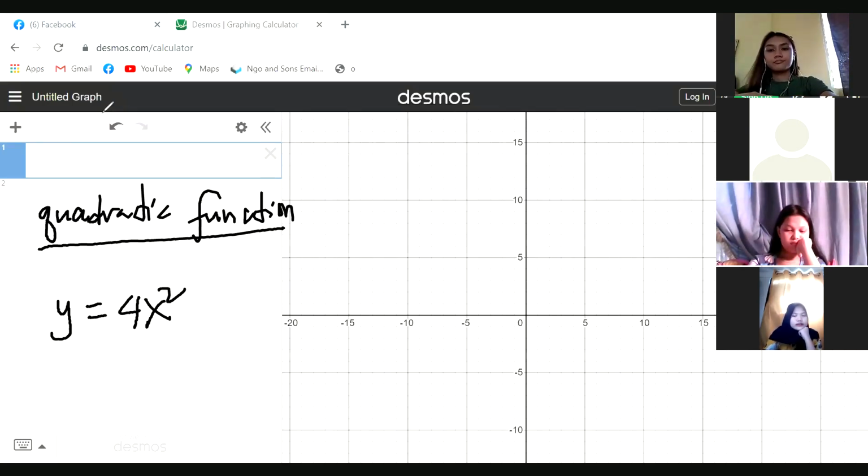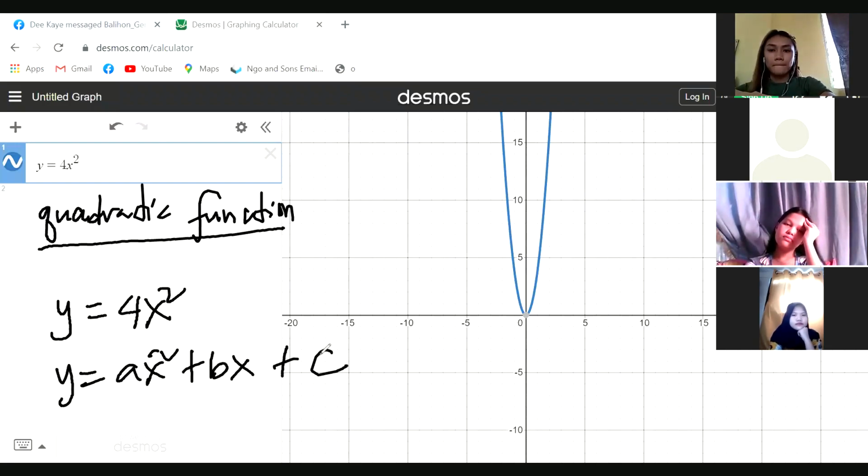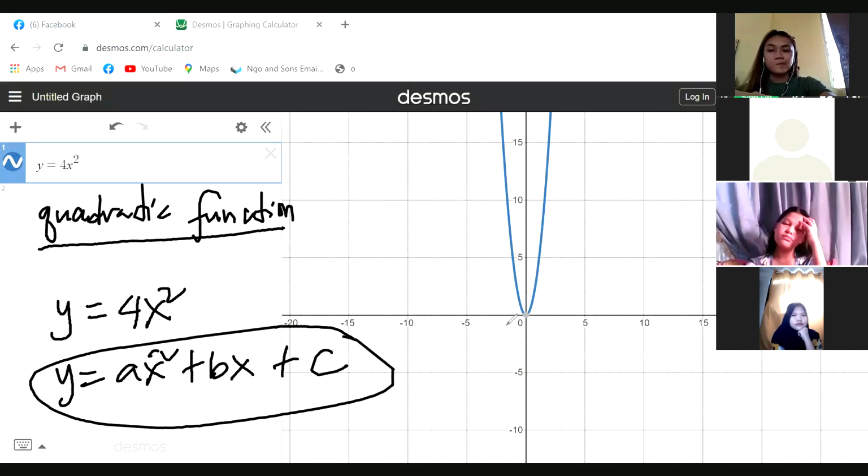If we check y equal to 4x squared, as Amir noted earlier, its graph is a parabola. Remember, the highest exponent is 2. If you are given y equal to ax squared plus bx plus c, then that is a quadratic function.